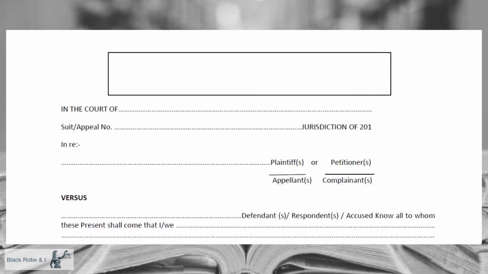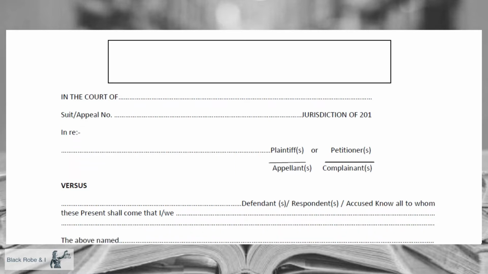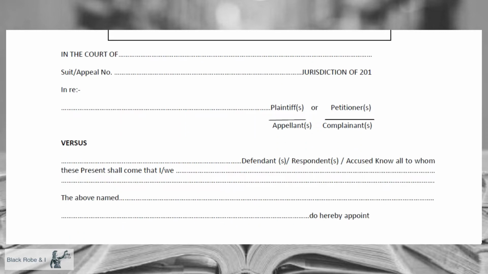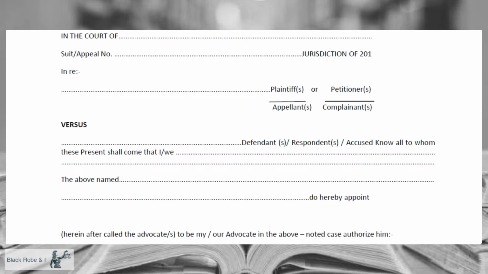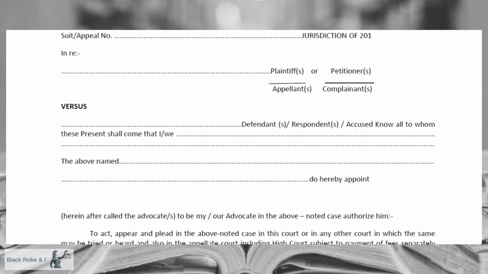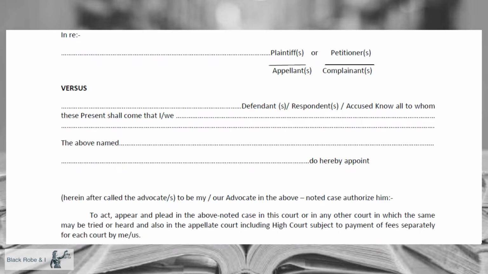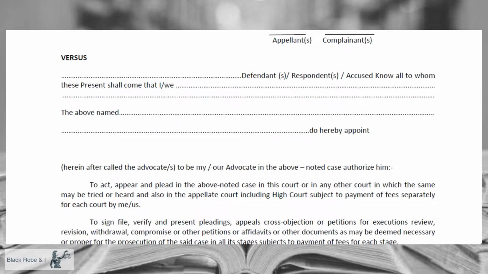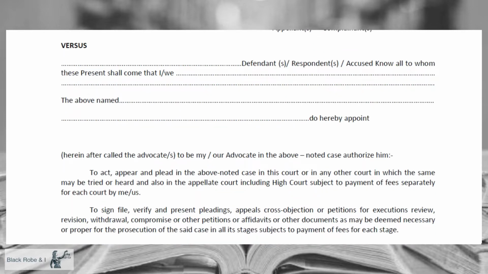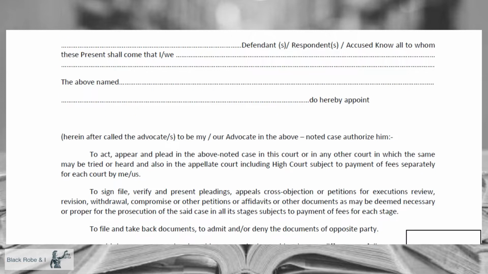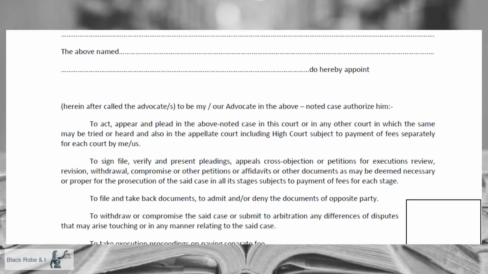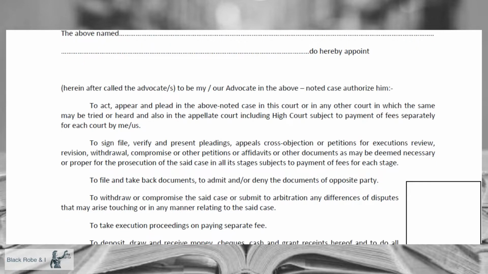Now, let's take a look at how a blank Vakalatnama form looks. You will see an empty box at the top of the page and another box in the middle of the page. You will also see several blank spaces, and in the middle of the form you will notice certain rights which a Vakalatnama gives to the advocate.